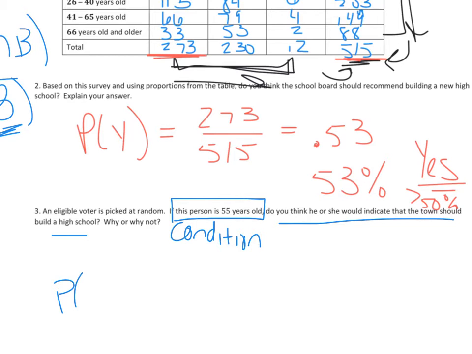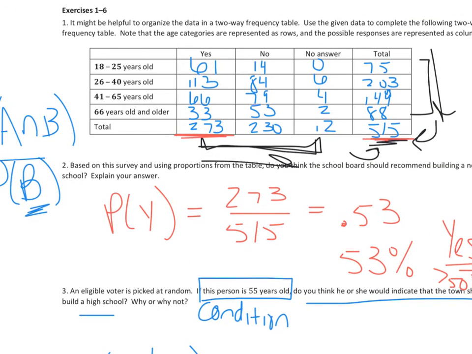So what I'm doing right now is the probability that they would say yes given they're 55. This must happen first. So what we're going to do is go to our table, and all I'm going to care about is the people who are 55. That would be in this age category, because that's where 55 would lie. So I'm going to zone in on this age category and only look at that row on the table. That's all I care about, the green row I just highlighted.